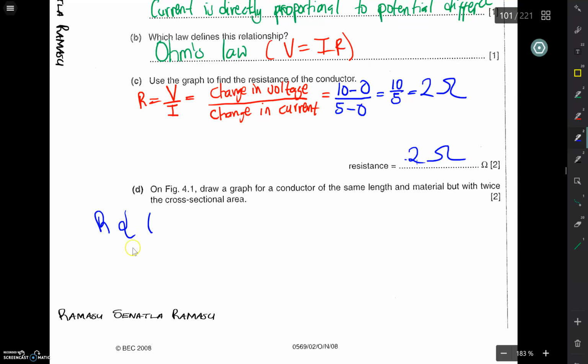So the longer your conductor is, the more resistance the conductor will have, and resistance is inversely proportional to cross-sectional area.